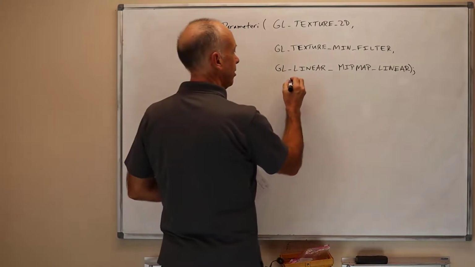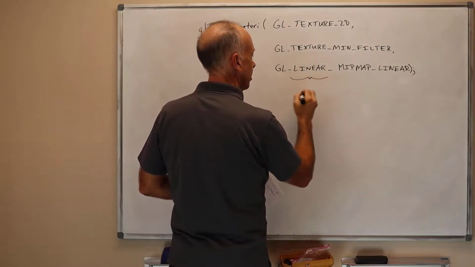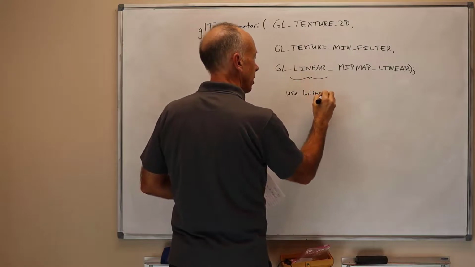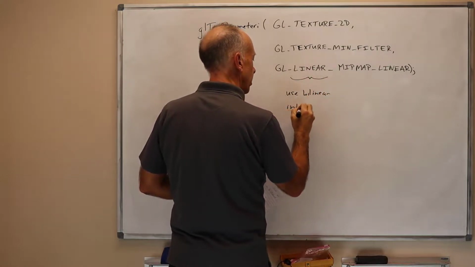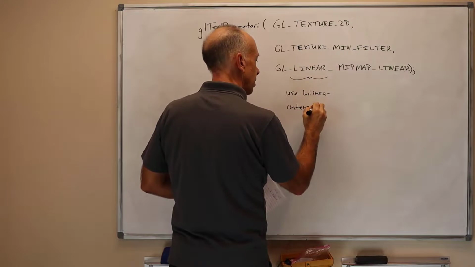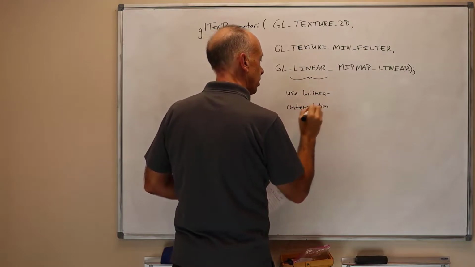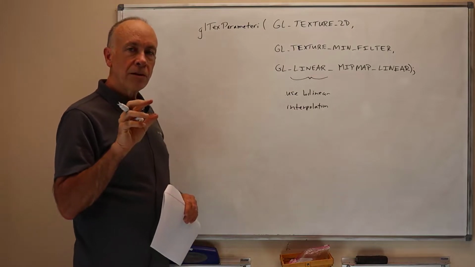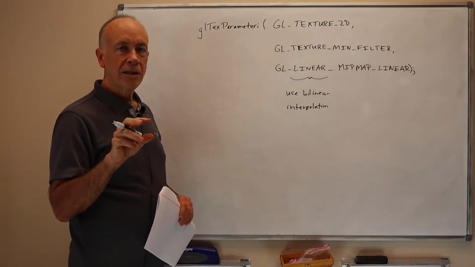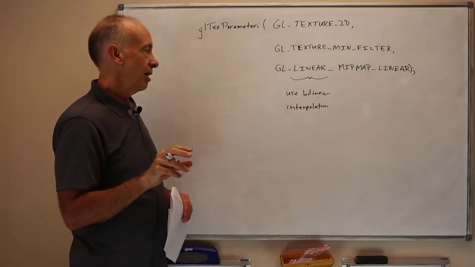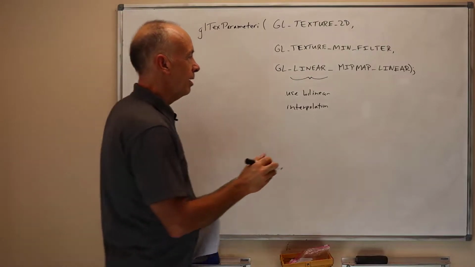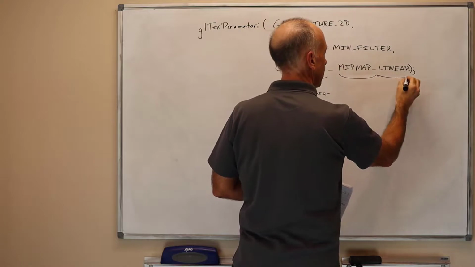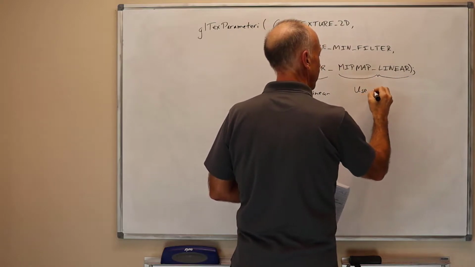The GL_LINEAR part means use bilinear interpolation as described earlier, namely each pixel in the screen image picks up 4 colors from 4 pixels in the mipmap level image and uses bilinear interpolation between them. And this says to use 2 mipmap levels and linearly interpolate between them.